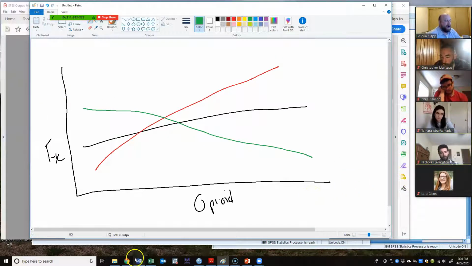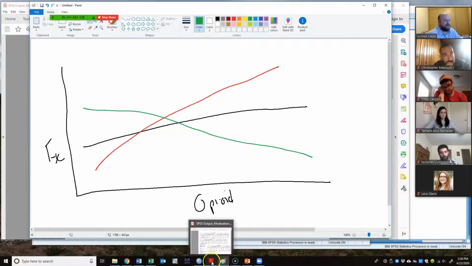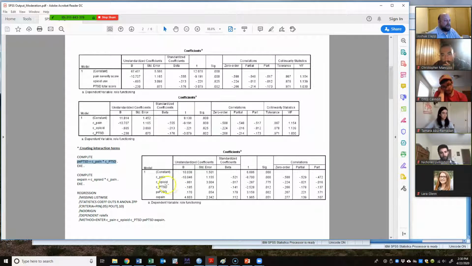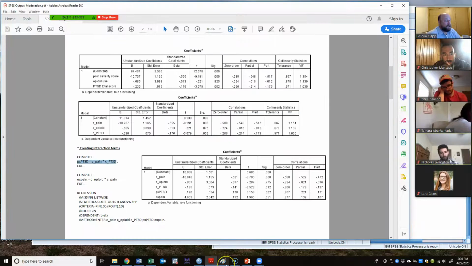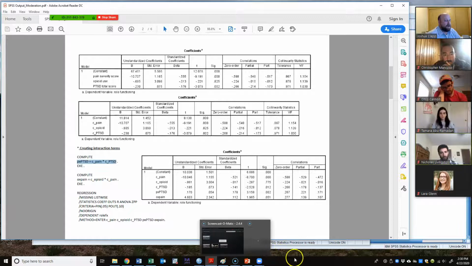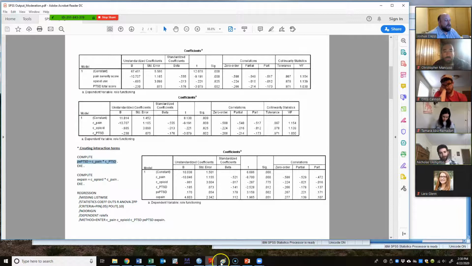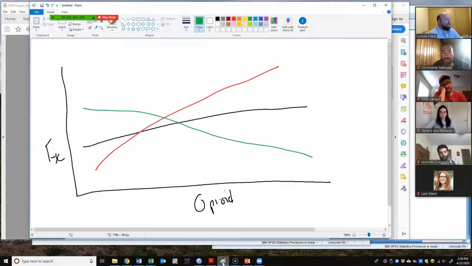And so this is also why considering moderation effects can become important, because if we just looked at the average effect of opiate use, if this is actually what was going on, and we just looked at the relation of opiate use with functioning at average levels of pain, Nick, what would we conclude? There's no relationship. When in fact there is a very clear relation. It's just that relation is conditioned on pain levels, right?